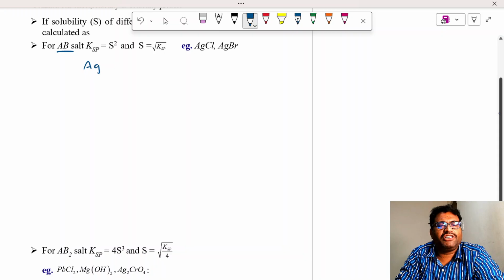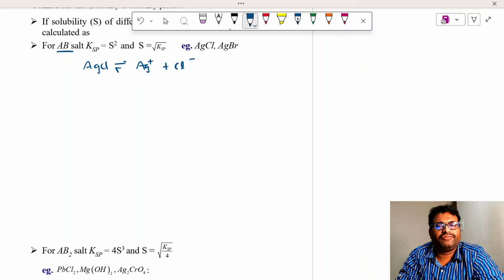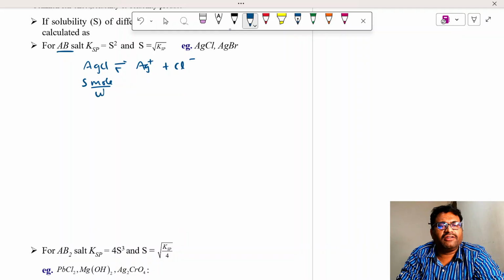So AgCl dissociates into Ag plus and Cl minus. If solubility of AgCl is S moles per liter, then it forms S mole per liter of each ion.